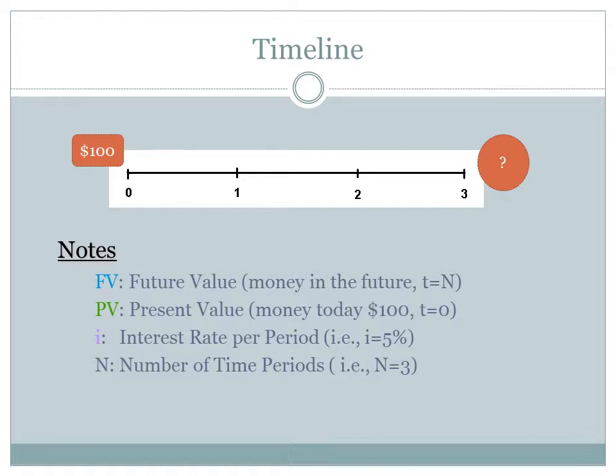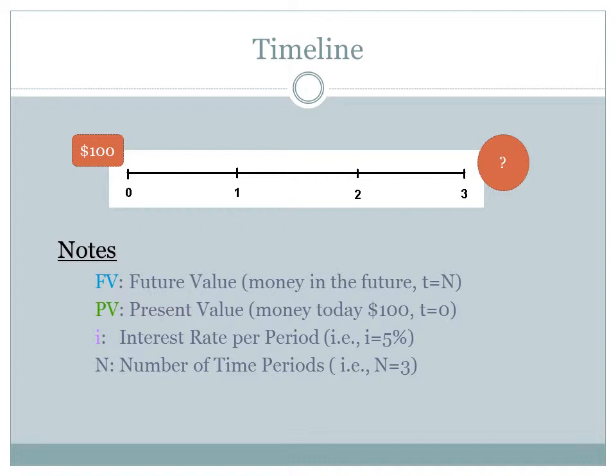So first we draw a timeline. For example, you have $100 today. We call it present value. And at the end of the first year, the second year, and the end of the third year, how much will that money be? That is the future value.